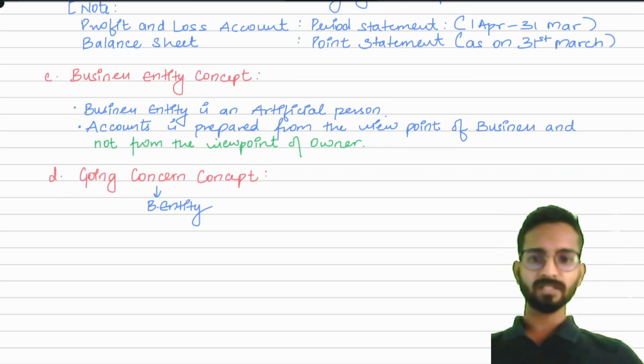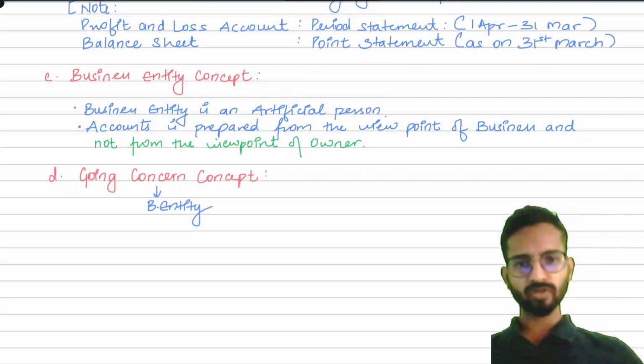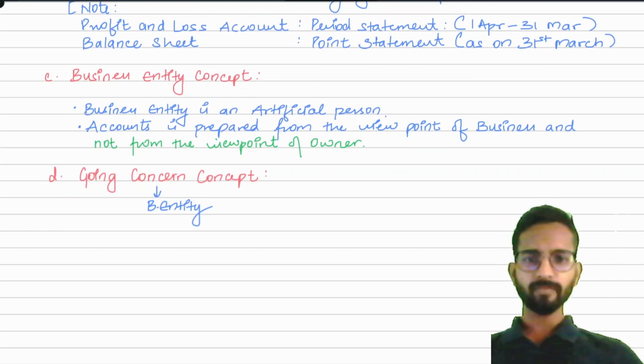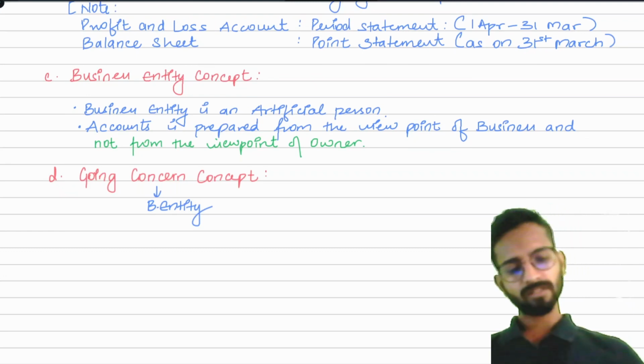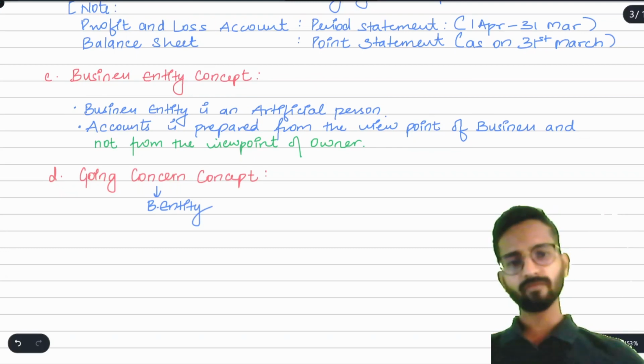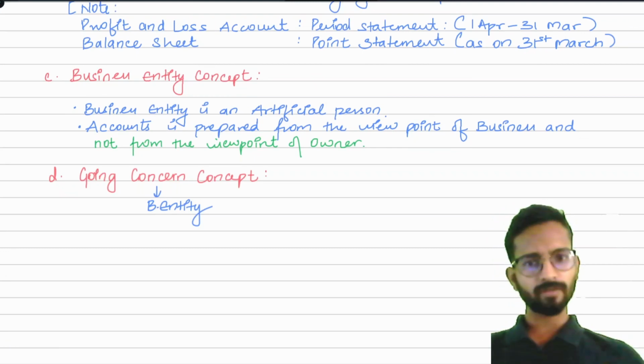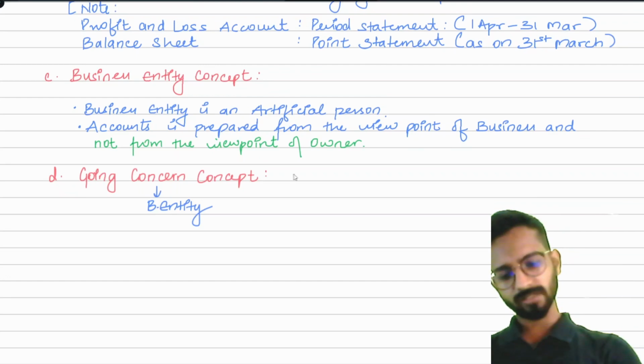If nothing is mentioned that the business has so many losses, we are closing the business, we are dissolving the business, we assume that the business will be continued next year. This is a simple assumption. Obviously everyone would like to continue their business forever.